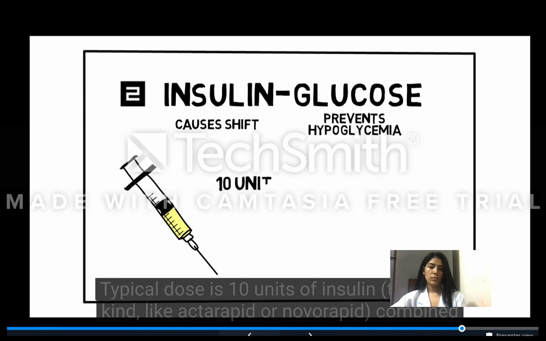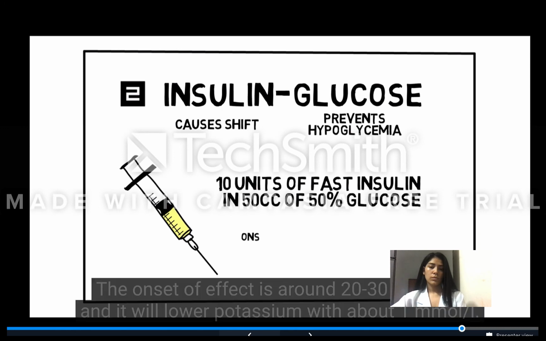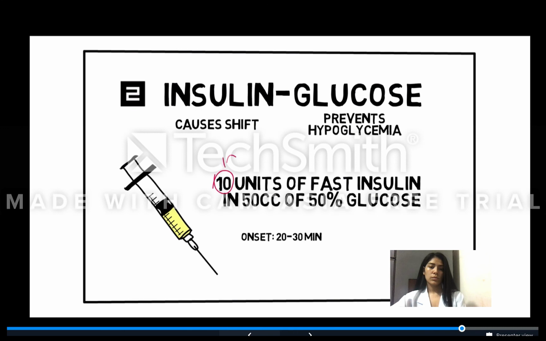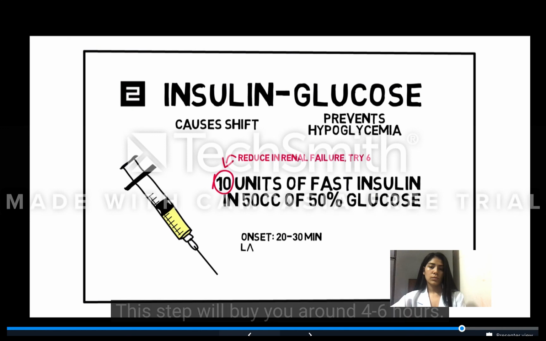Typical dose is 10 units of insulin, the rapid kind like Actrapid or NovoRapid, combined with 50 cc's of 50% glucose. The onset of effect is around 20 to 30 minutes, and it will lower potassium with about 1 millimole per liter. Reduce the dose of insulin in patients with renal failure. This step will buy you around 4 to 6 hours.